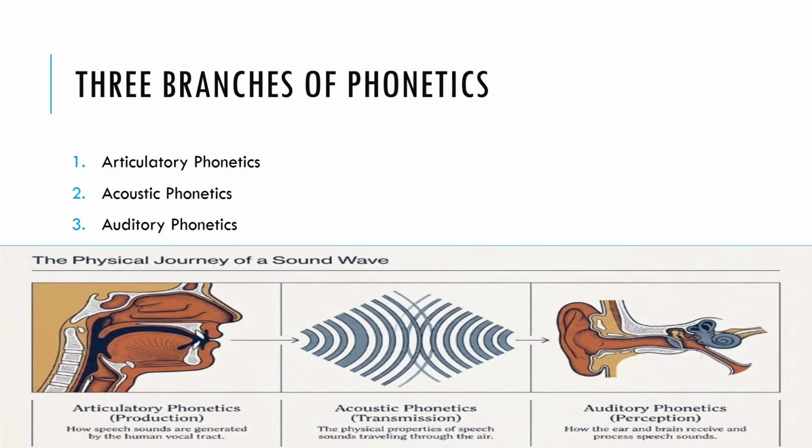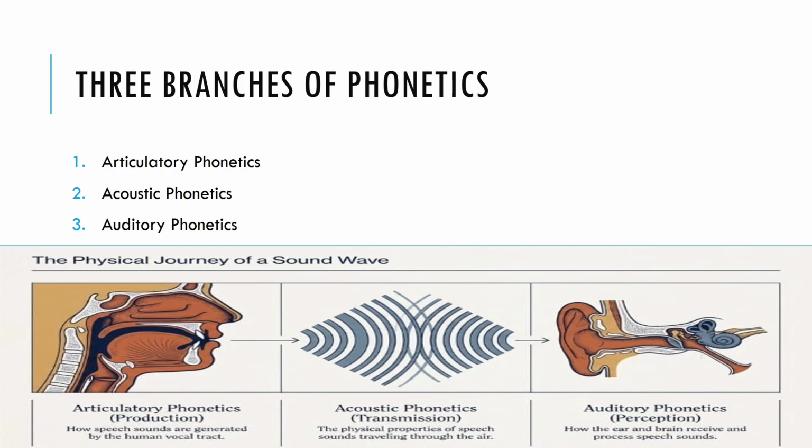It focuses on the intensity, frequency, and loudness of sound waves, right? And the last one is auditory phonetics, that deals with the perception, and it studies how the ear and brain receive and process speech sounds. So when someone speaks, our ears receive the sound and our brain interprets it. This process is studied in auditory phonetics, right?